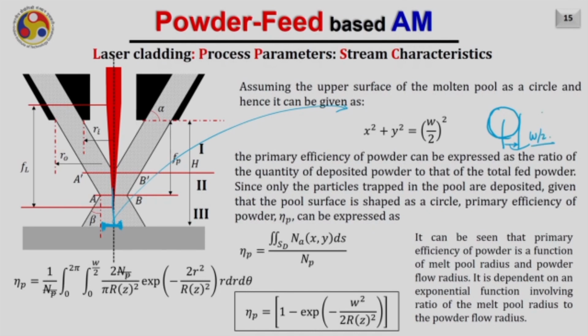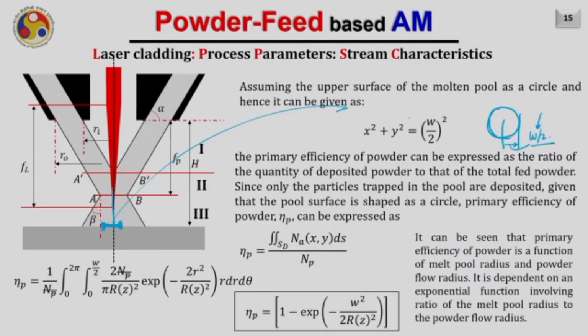So, what is W here? W is nothing but the width of the bead you are going to obtain, because the powder particles will fall inside this molten pool. Molten pool, when I am saying, means the zone in which the temperature is above the melting point. In this zone only the powder particles will get melted and create the bead.